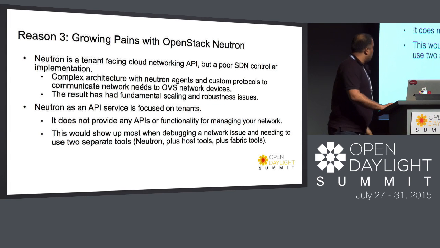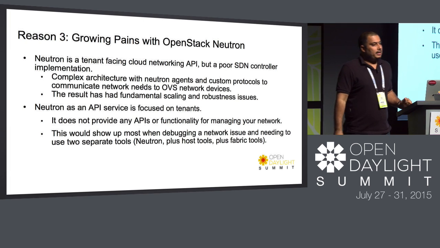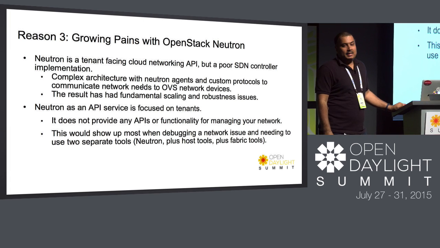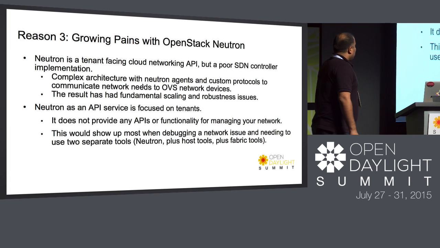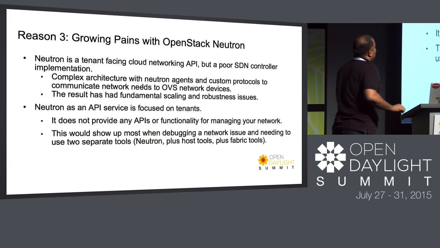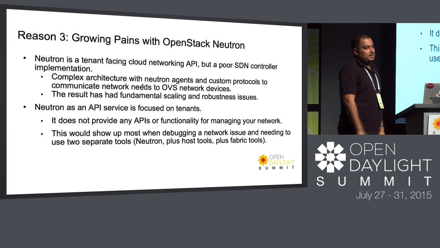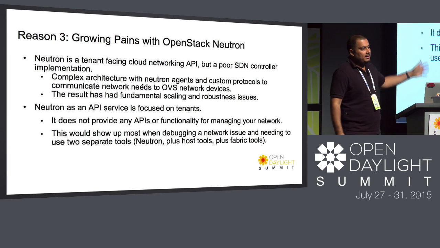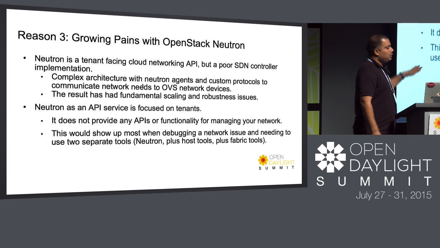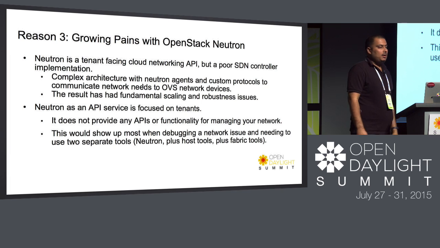This is the reason which people who work on it day and night on OpenStack and ODL side might notice. So Neutron is basically a tenant-facing cloud networking API, but it's a poor SDN controller implementation. When we say controller implementation, we are not really referring to OpenDaylight. It's basically the Neutron SDN implementation we are talking about.